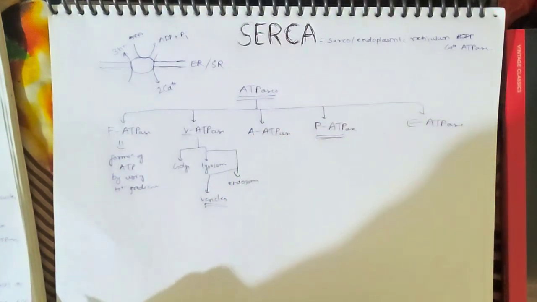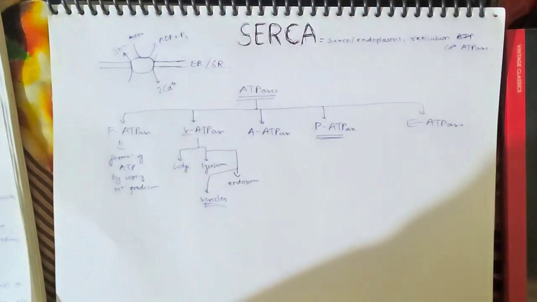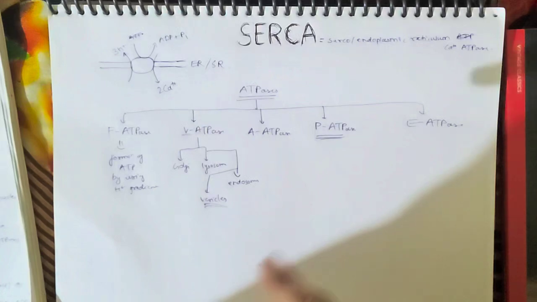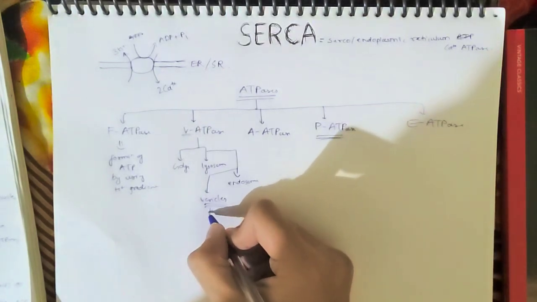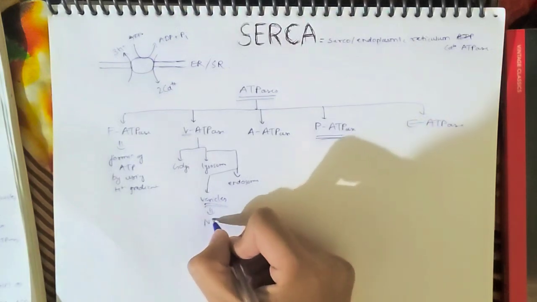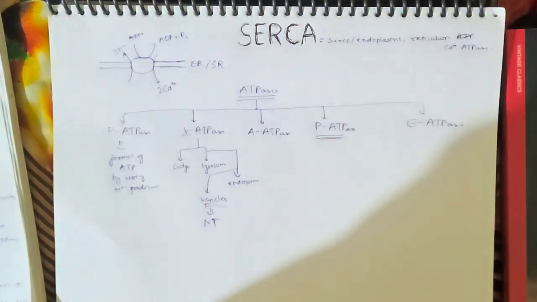The V comes from vesicles because these are vesicle ATPases. What they do is they use ATP to pump in protons. They pump protons inside the Golgi body, lysosome, endosome, vesicles from the cytoplasm by using the ATP to make a low pH environment inside these organelles. And in neurotransmission especially, the synaptic vesicles need a proton gradient to transport neurotransmitter inside the vesicles.